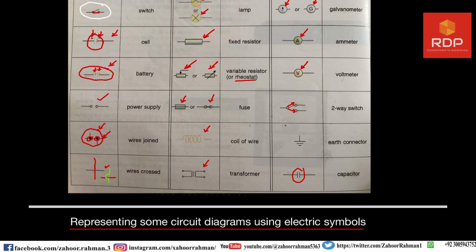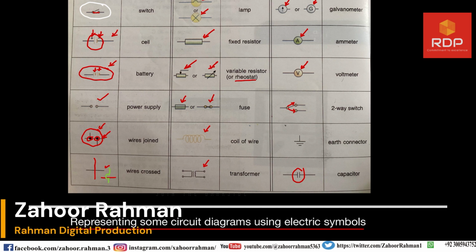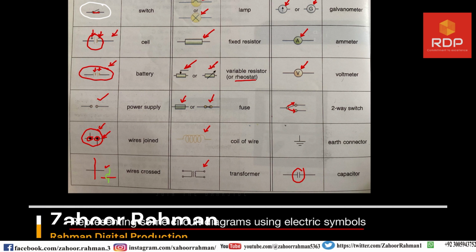Now let us use the above symbols in a practical situation, how to demonstrate a practical circuit on a piece of paper. Whenever you are designing a practical circuit, first you have to plan that on a piece of paper, and then you have to use those symbols keeping practicality in mind.